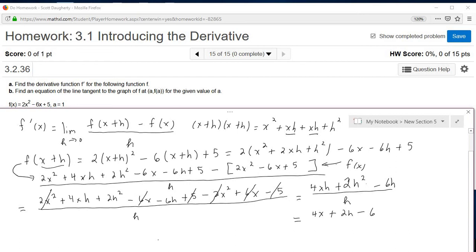Okay? And now, just to finish this off, to find the derivative of this function, we have to find the limit of that as h goes to 0.